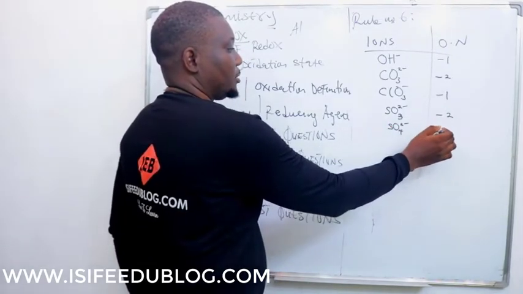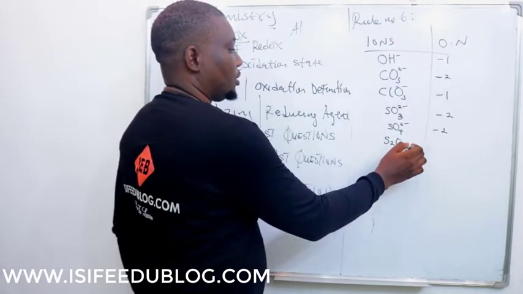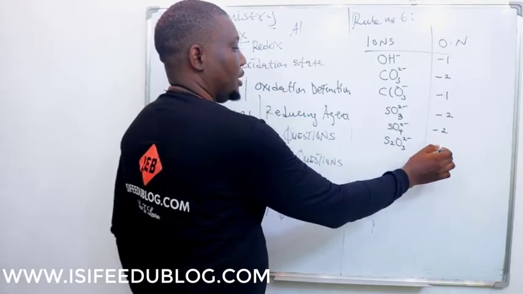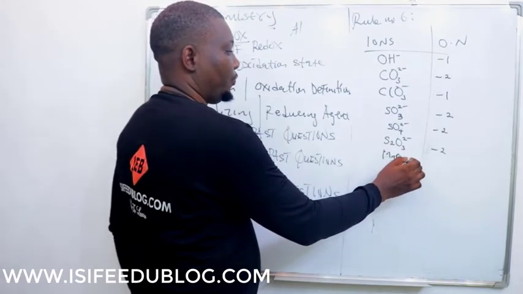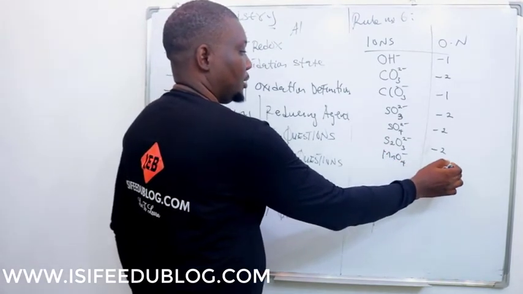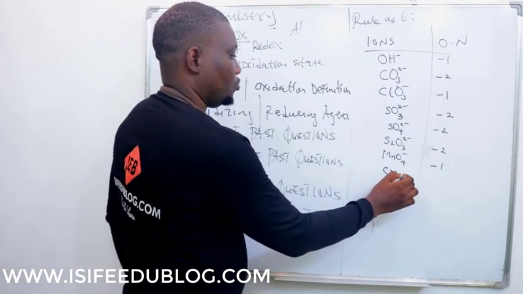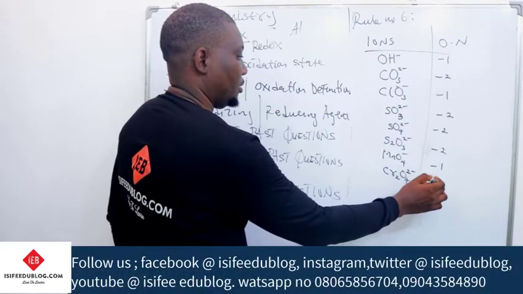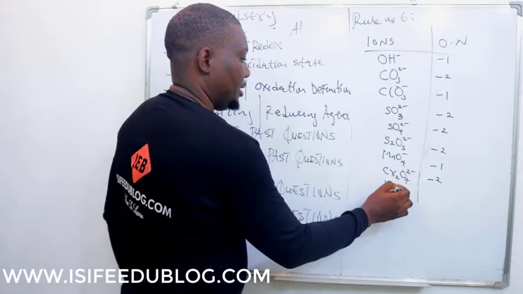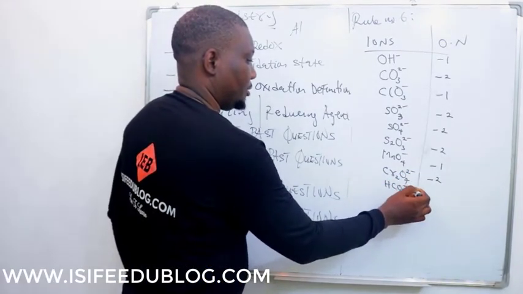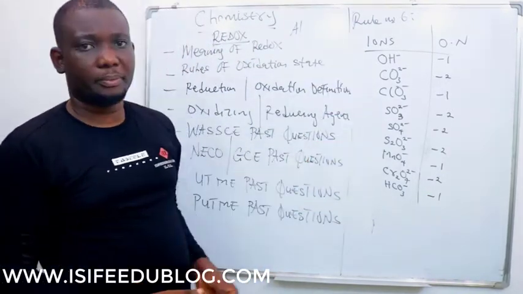SO4 2 minus is -2. S2O3 2 minus is -2. MnO4 minus is -1. Cr2O7 2 minus is -2. Look at it here. And then HCO3 minus is -1. And so on and so forth. I can't list them all out.